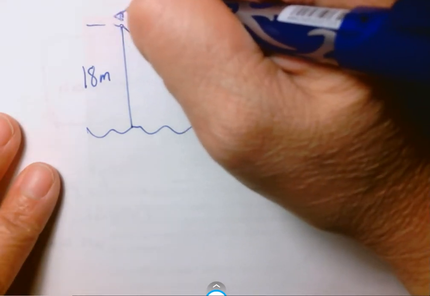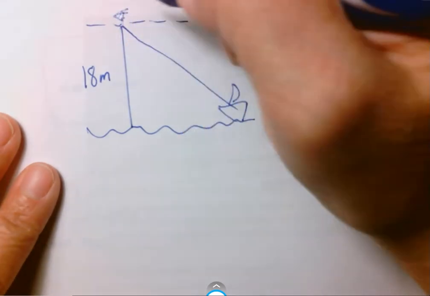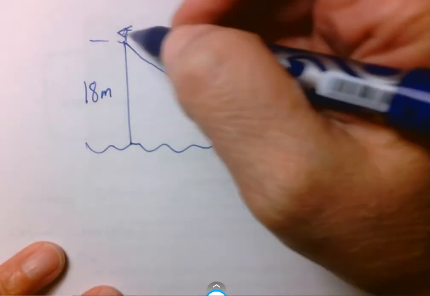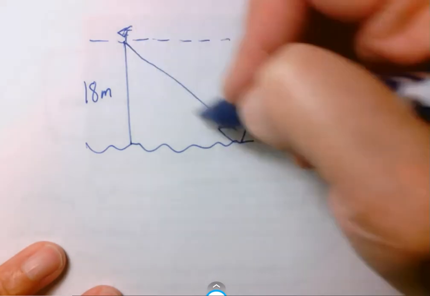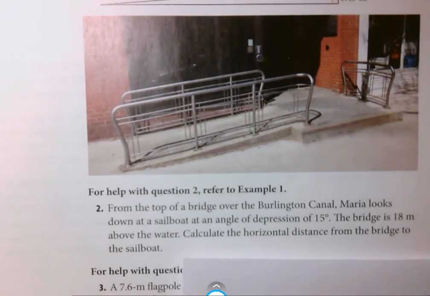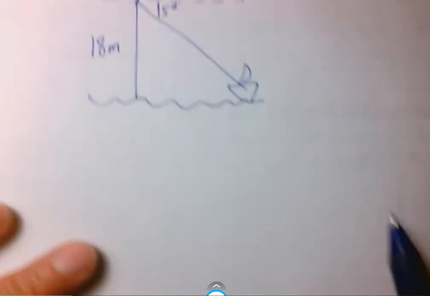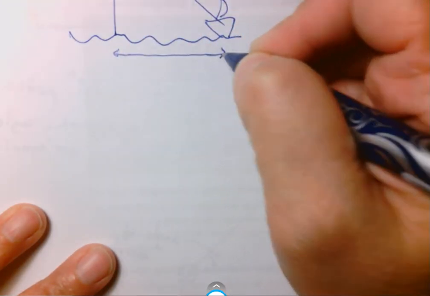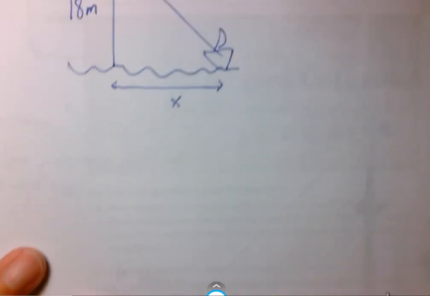So here she is. Here's her eye, and she's going to be looking down at the sailboat. So the angle between her horizontal, looking straight across, and looking down is 15 degrees. And now the question says, calculate the horizontal distance from the bridge to the sailboat. So horizontal distance is from here to here. So this is our x.